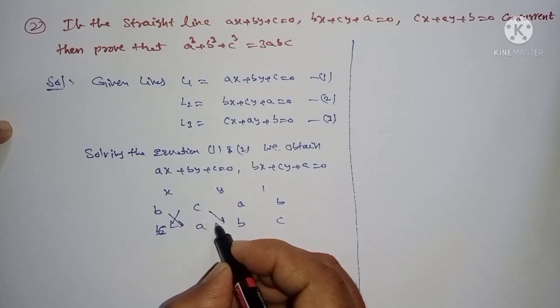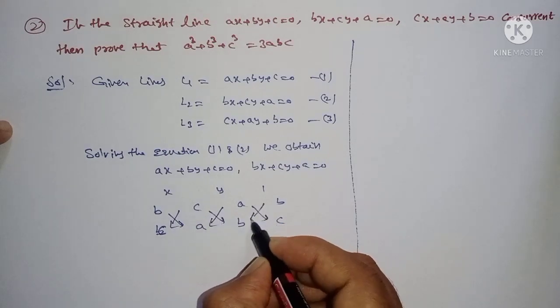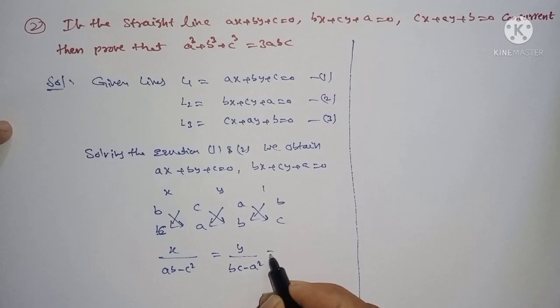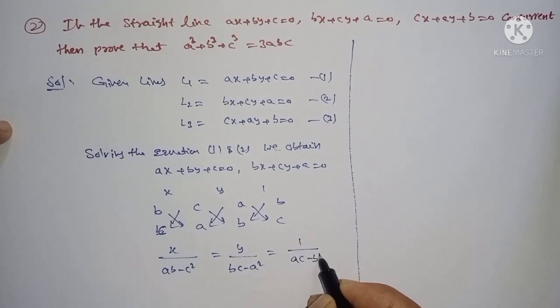Same as you can do: x by ab minus c square, y by bc minus a square, 1 by ac minus b square. You got ab minus c square, bc minus a square, ac minus b square here.